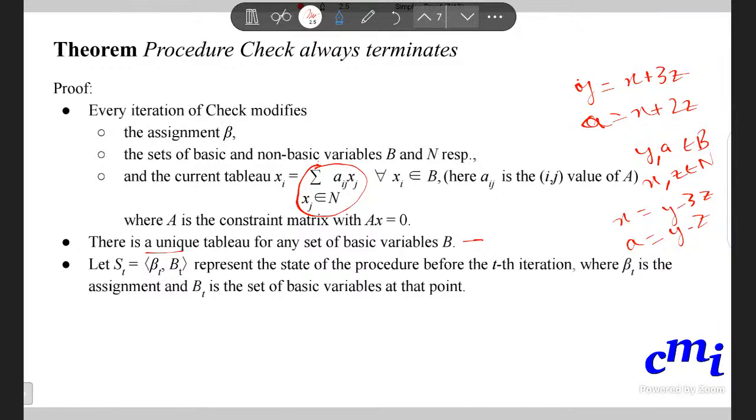And the tableau you remove, because for a given basic set the tableau is unique, so you don't need to keep that information as part of the state. It also stores all the constraints on the variables, the same constraints, but it stores them as well.